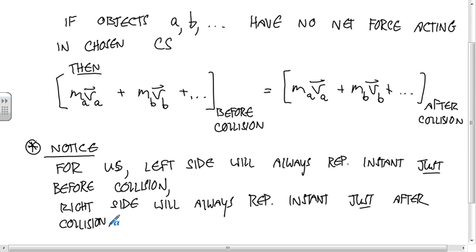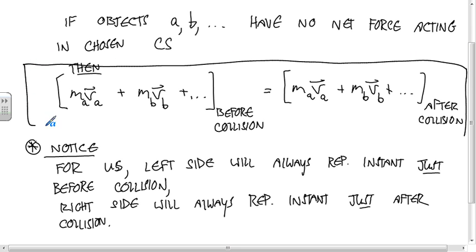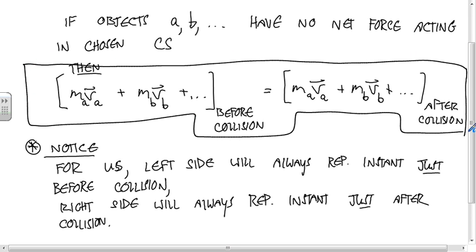So this equation, think about collisions. Think about a few different types of collisions, a few different types of objects colliding. And then think about this conservation of linear momentum. Is that enough information for us?